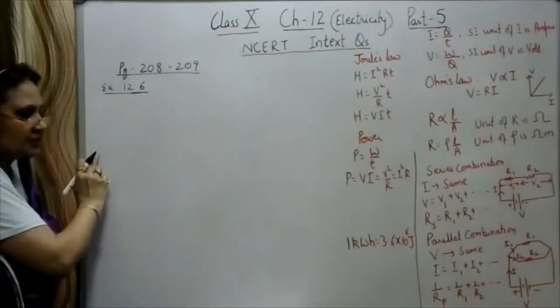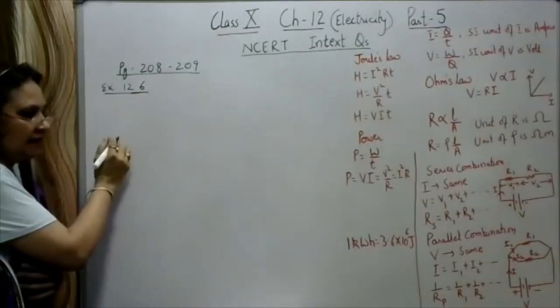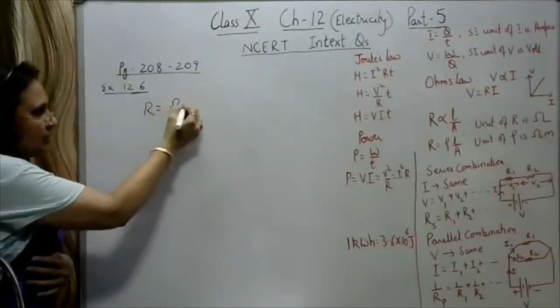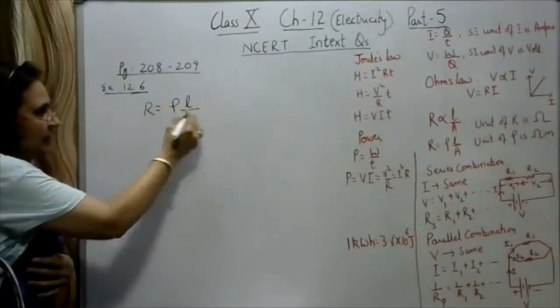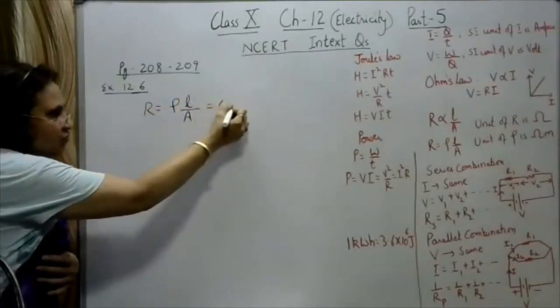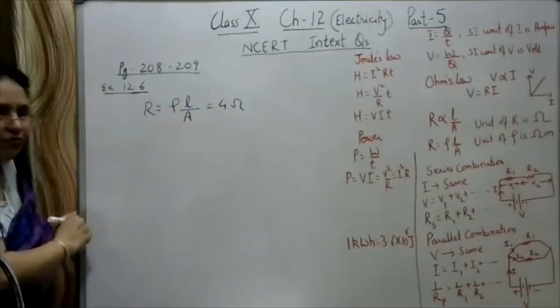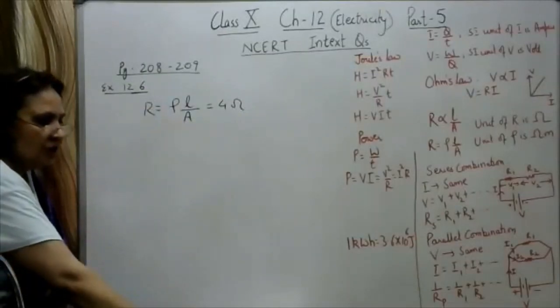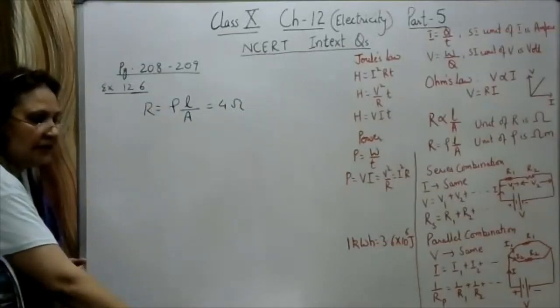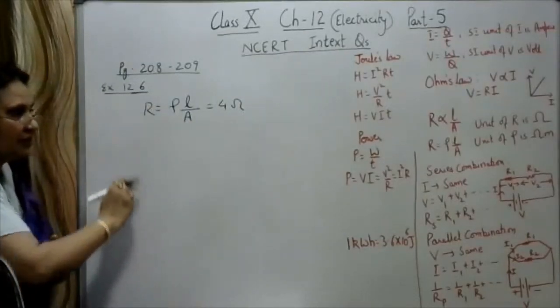Example 12.6. A material having a length L and cross-sectional area A has a resistance 4 ohms. So given in the question that if the length is L, cross-sectional area is A, then the resistance is 4 ohms. So this R is equal to 4 ohms. Now what would be the resistance of another wire of the same material having a length L by 2 and cross-sectional area 2A?